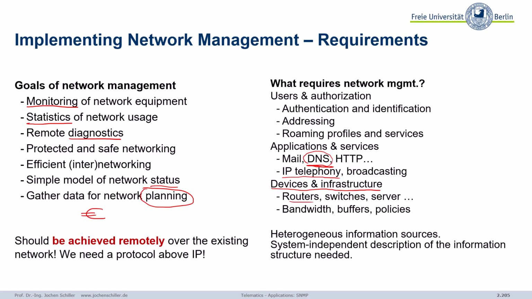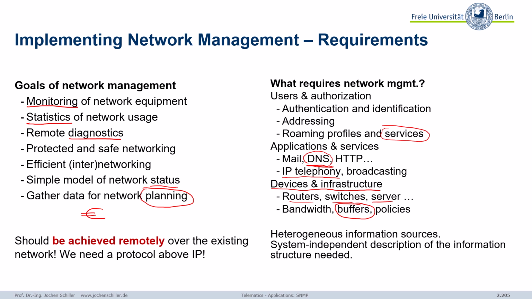What's going on with routers and switches and servers? What about the buffer status in one of our core routers? Who is allowed to use what kind of data rates somewhere, etc.? But also, what about certain services? Who's allowed to use them on certain devices?